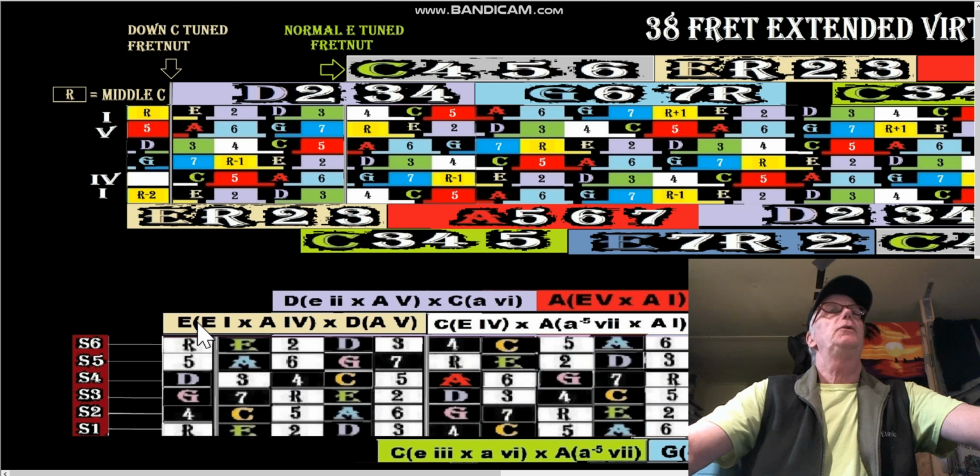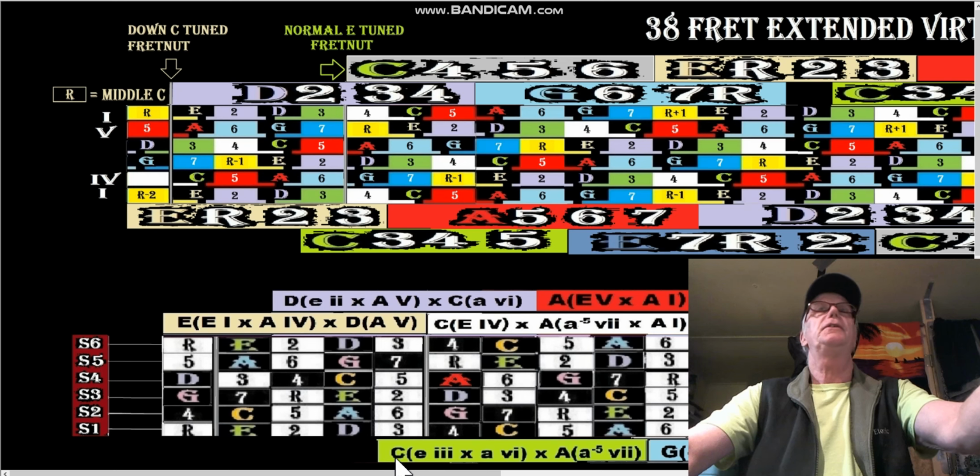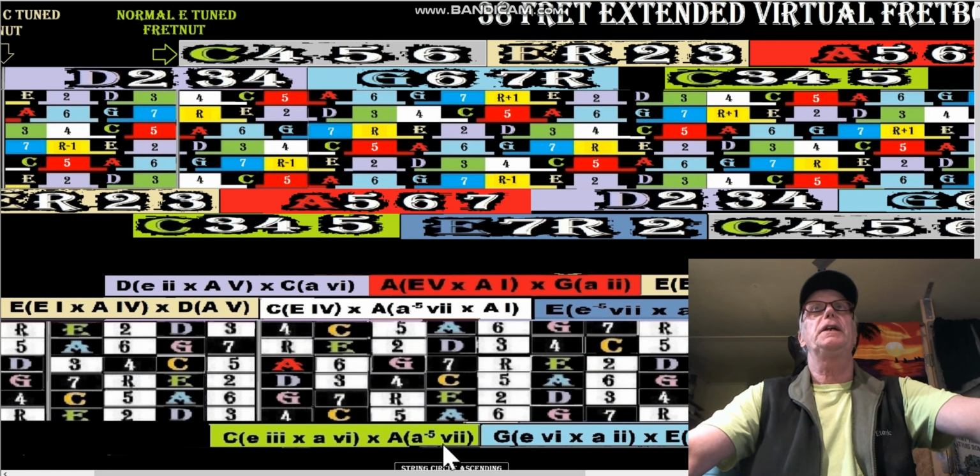In root down here, root, 2, 3, this is 1, 4, 5 there, and then D has 2, 5, 6 minor, and then the C box on the bottom here has our Phrygian 3 minor, 6 minor, and then 7 half diminished. That's a little thing I play on the piano.